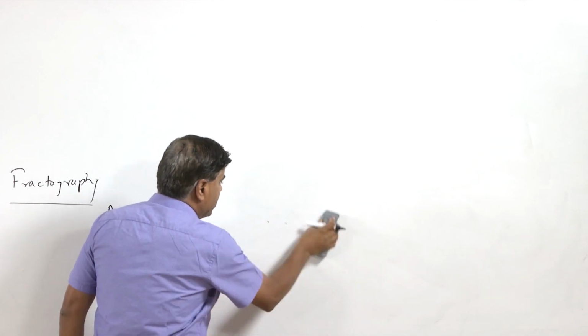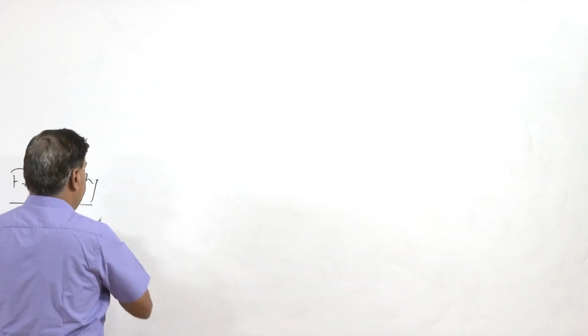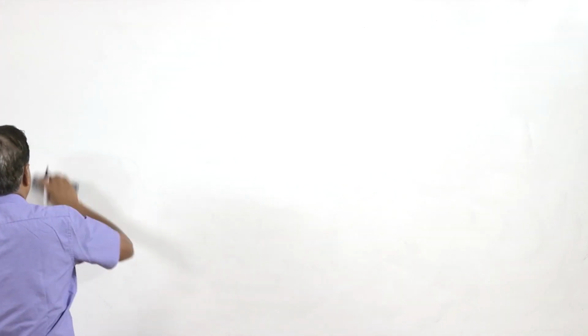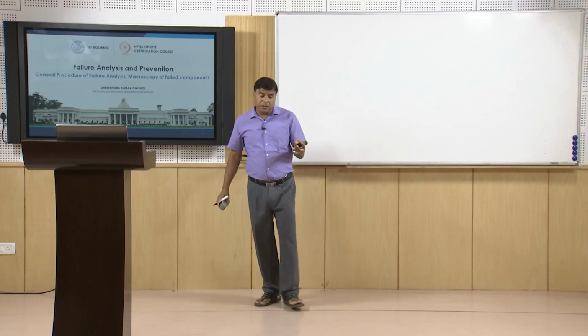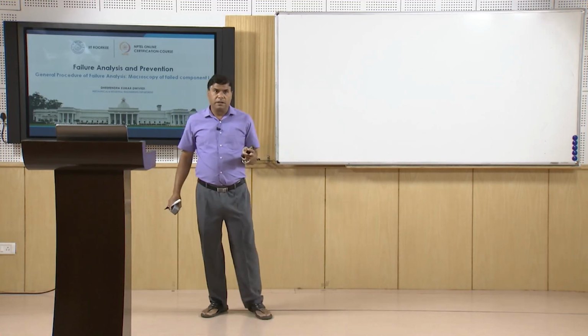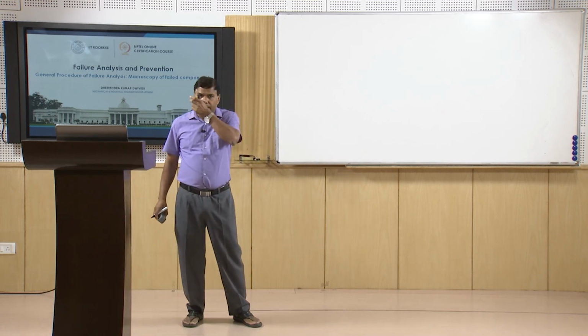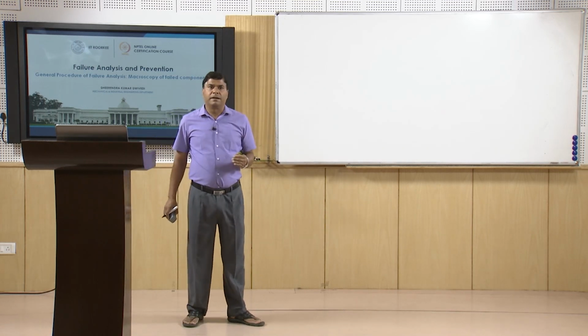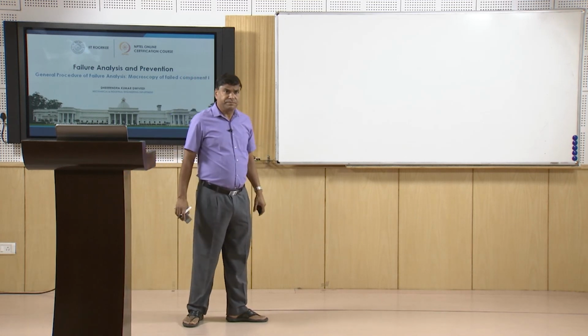So, these were the categorization or the basic types of fractures based on appearance. Based on appearance we have ductile fracture, brittle fracture, fatigue fracture, creep and environmentally assisted fractures like stress corrosion cracking and hydrogen embrittlement.